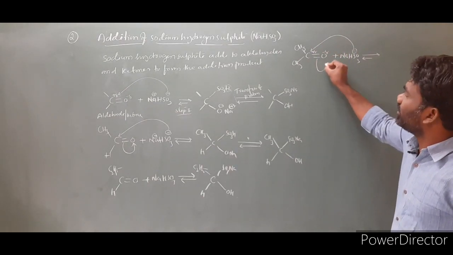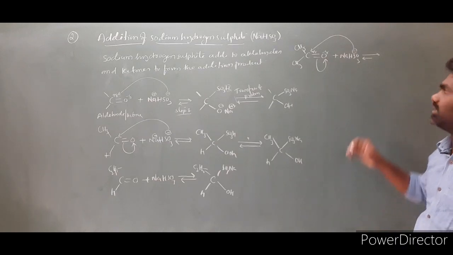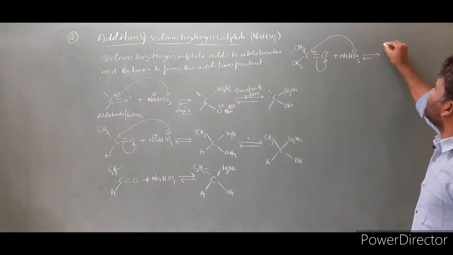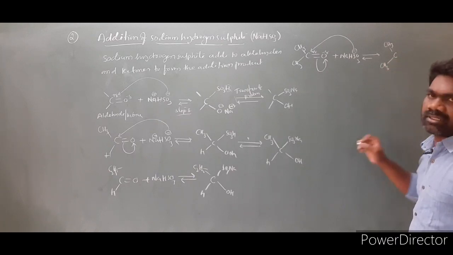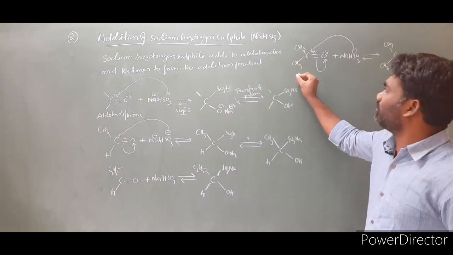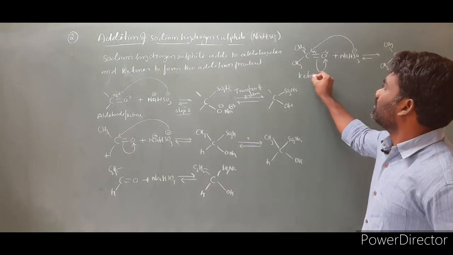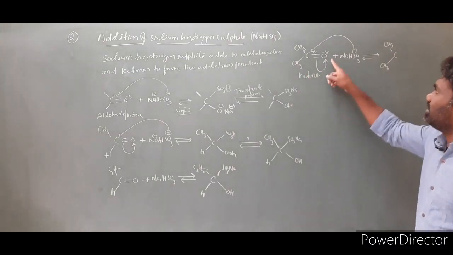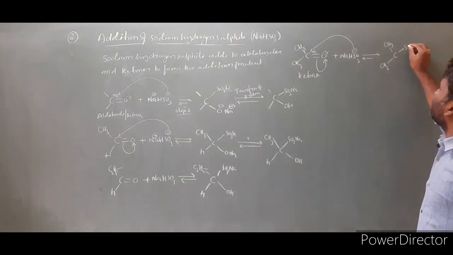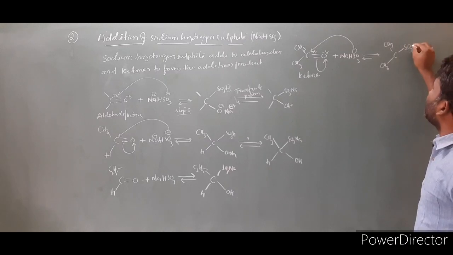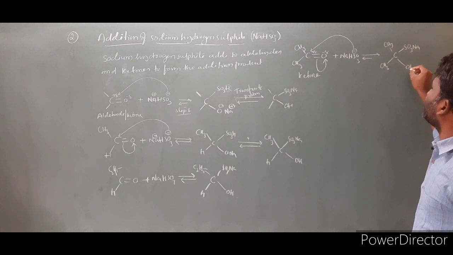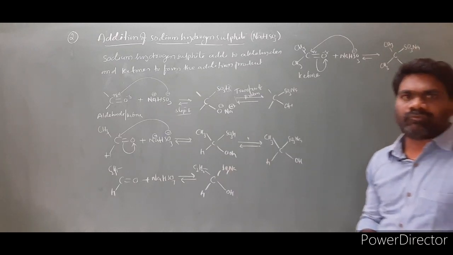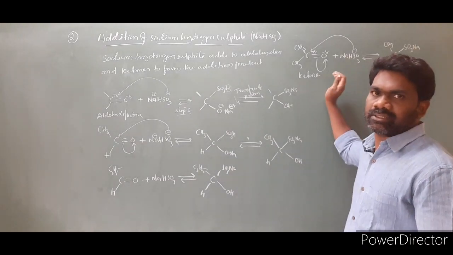This bond is shifting to here, isn't it? Then the product is C, and these two CH3 groups remain the same. This is a ketone. This will become SO3Na and this will become OH. So this is the final product formed in this reaction, ketone.